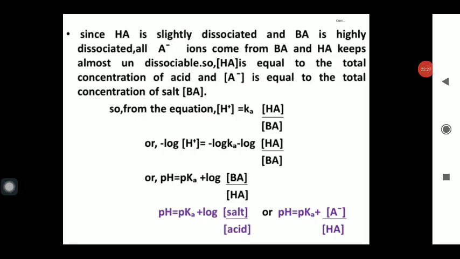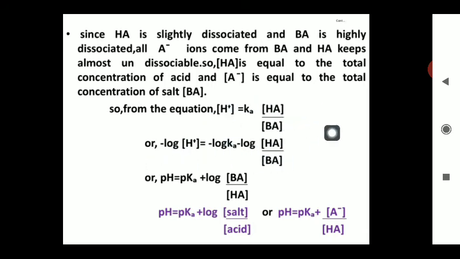Now, HA is slightly dissociated and BA is highly dissociated. So all A negative ions come from BA, while HA remains almost undissociated and equal to the total concentration.